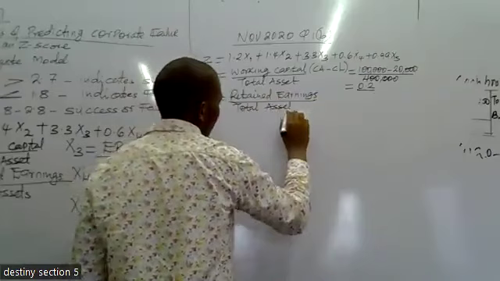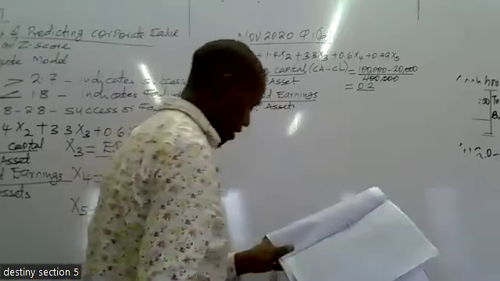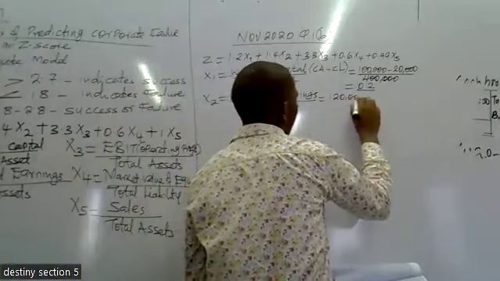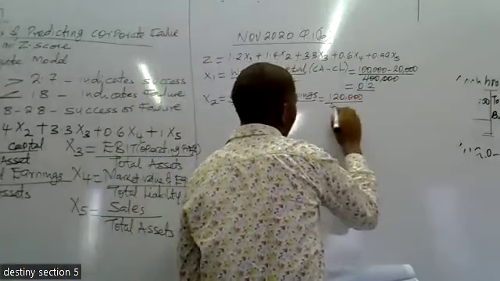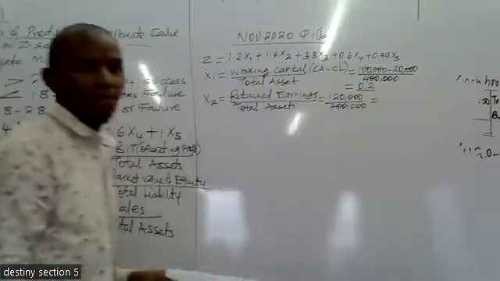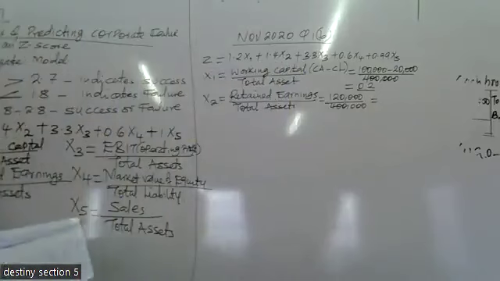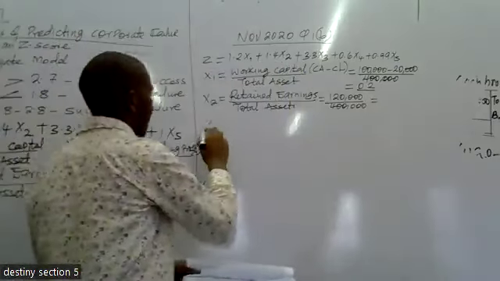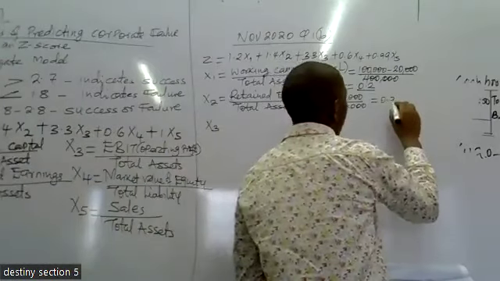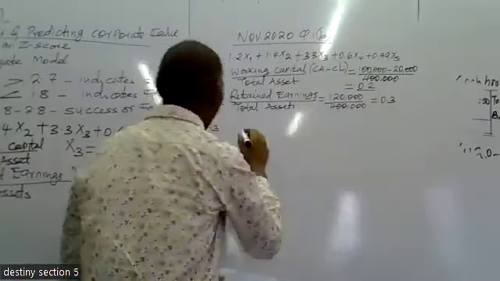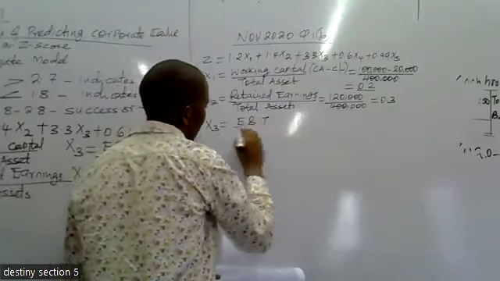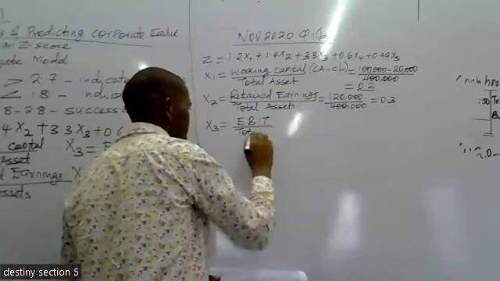You go to equity and liabilities, get the retained earning, which is the retained profit. 120 divided by 400,000. It's giving you 0.3.